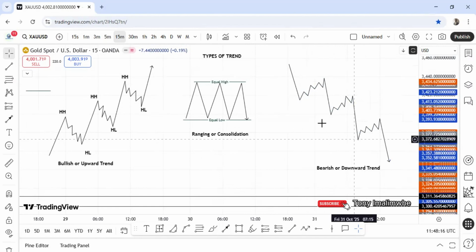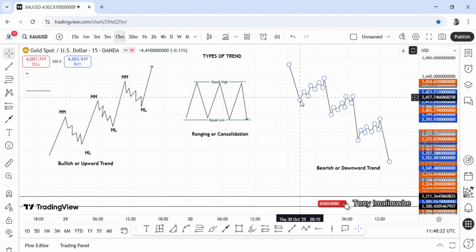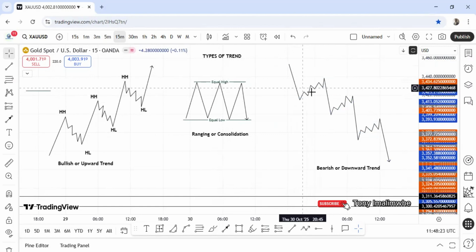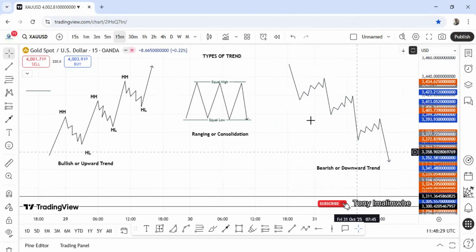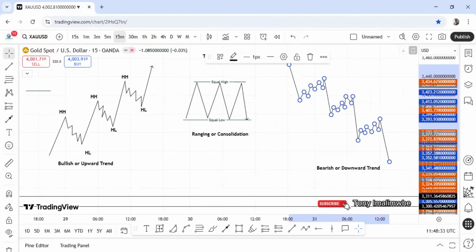And in this trend, the momentum of price is usually to the downside. It moves very fast to this point, retraces slowly or pulls back or corrects, then breaks again, then pulls back, breaks.